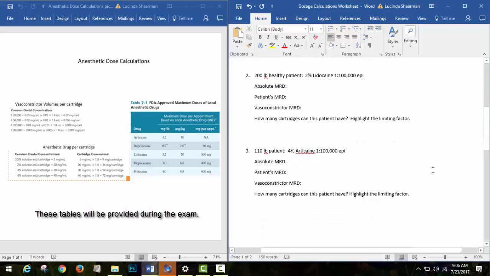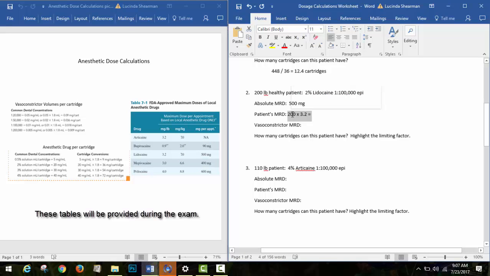Number 2, a 200-pound healthy patient will be receiving 2% lidocaine with 1 to 100,000 epinephrine. The absolute MRD for the anesthetic, which is lidocaine, is 500 milligrams. To determine the patient's MRD, we'll take 3.2 times their body weight, which gives us 640 milligrams.